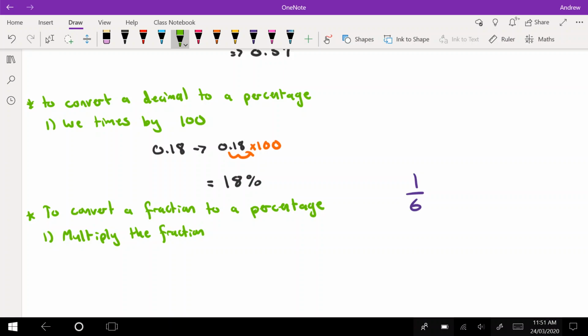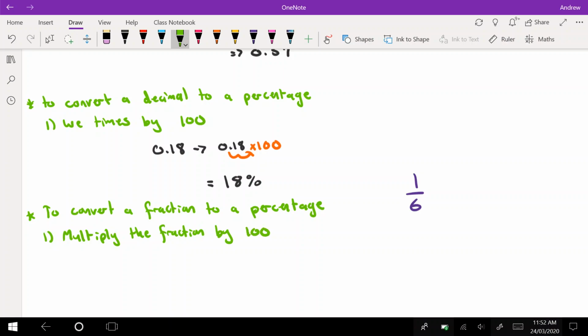You could also divide, or if you want to multiply the fraction, you multiply the bottom number. The denominator? Yep. So that can equal 100. Yes. So we want to make the denominator equal to 100, but there's also an even easier way. We just multiply the whole fraction by 100.